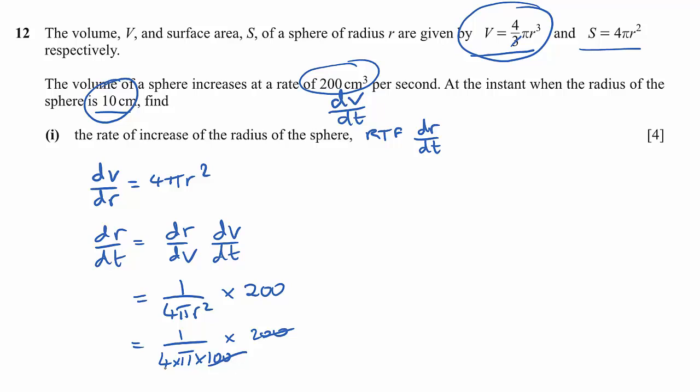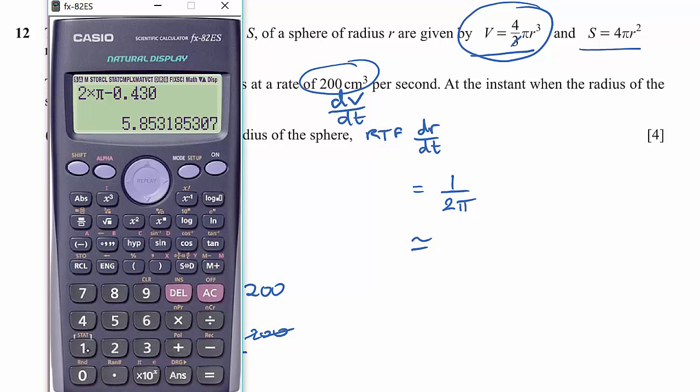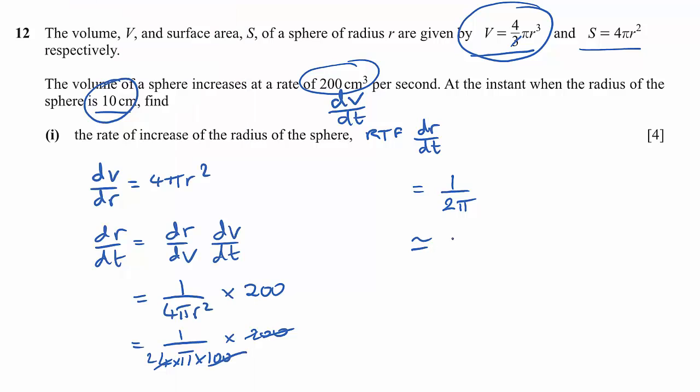We can do some bit of cancelling here. So that's actually going to be 1 over 2 pi, which is approximately 0.159.